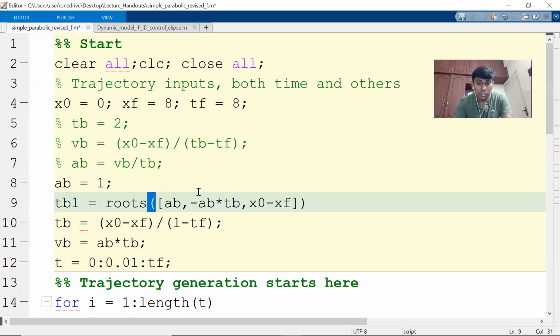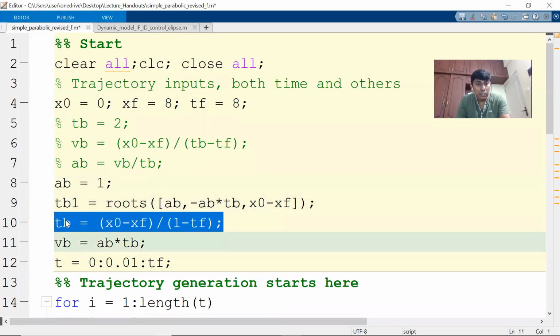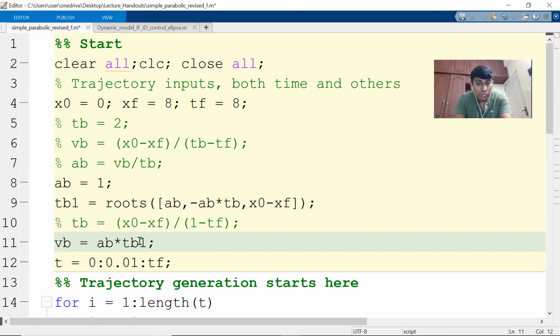So these are the roots which come. So in that, I'm assuming that TB would have two roots. So I'll make it this. So TB1 of 1. Okay.